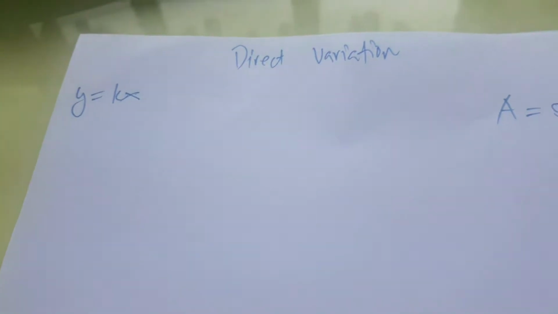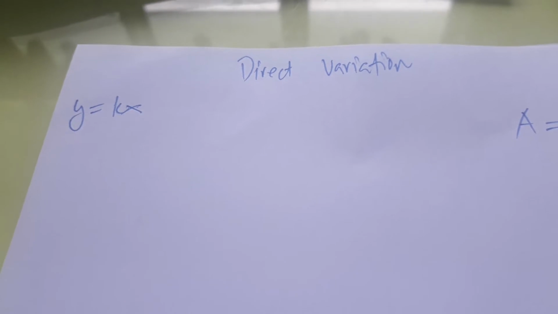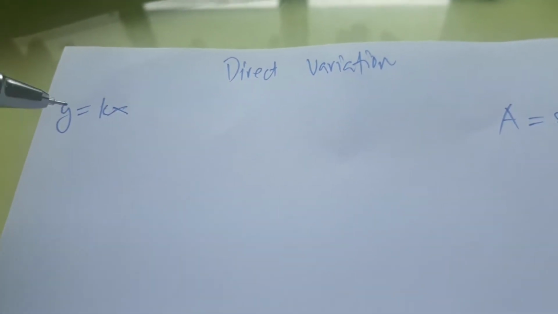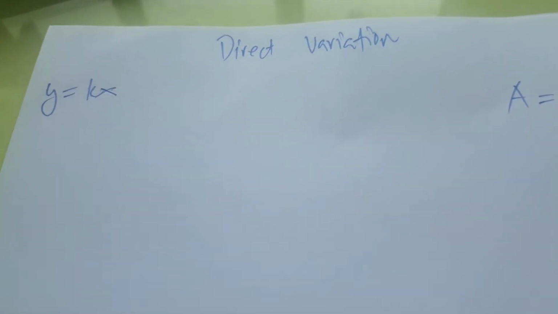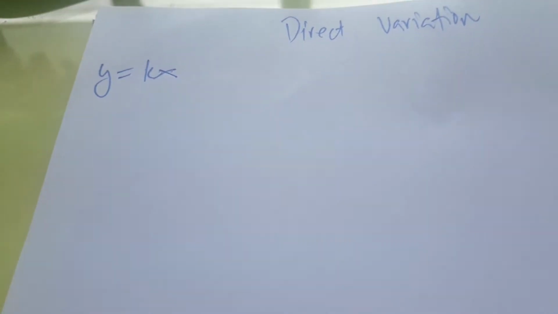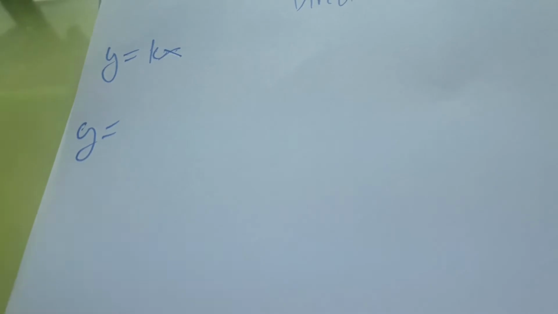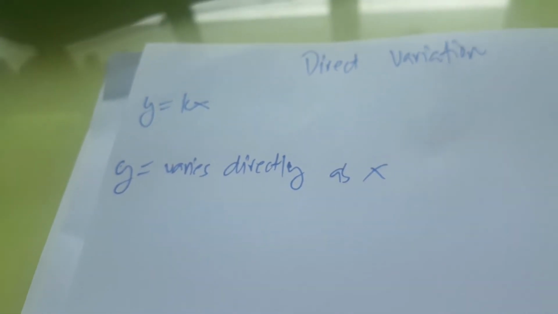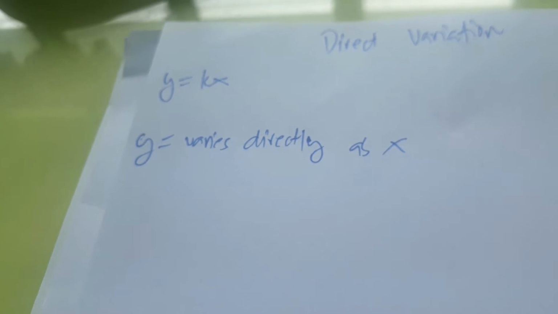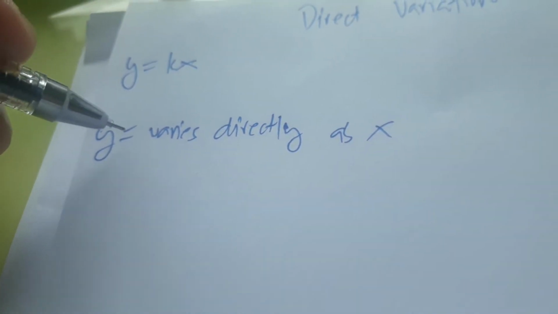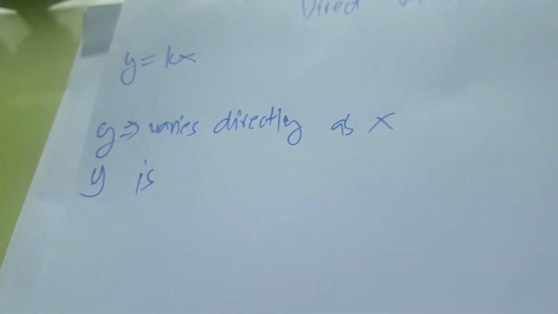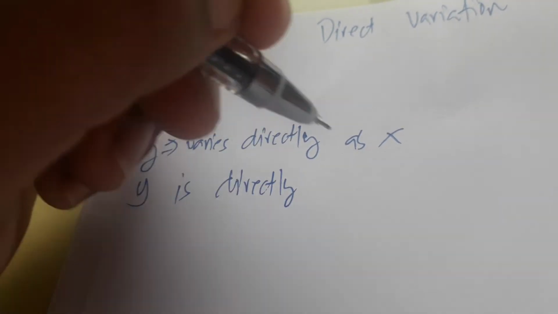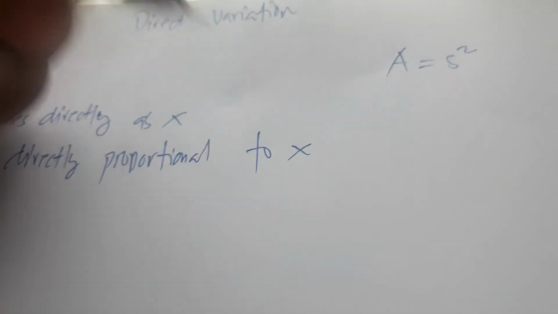The basic type of variation is referred to as the direct variation of the form y equals k times x. y equals kx can also be read as y varies directly as x, or y is directly proportional to x.